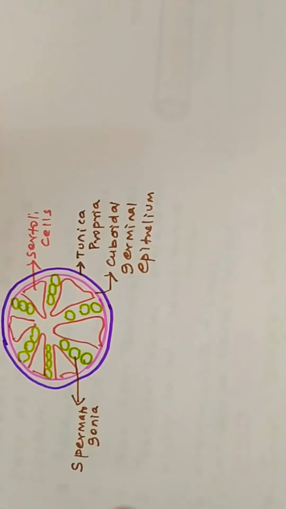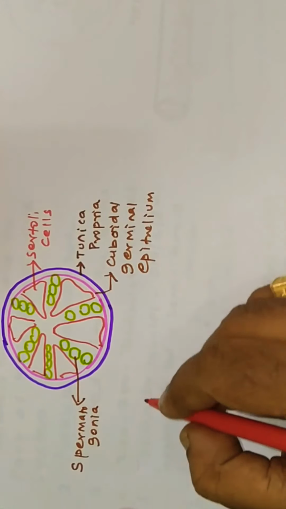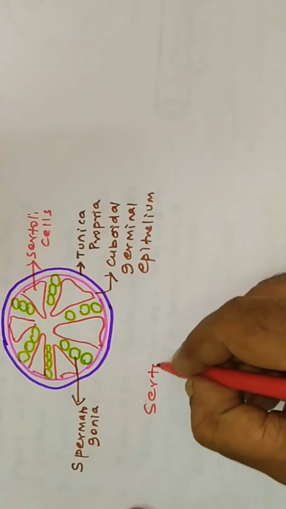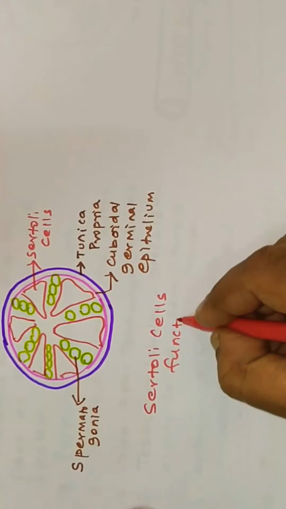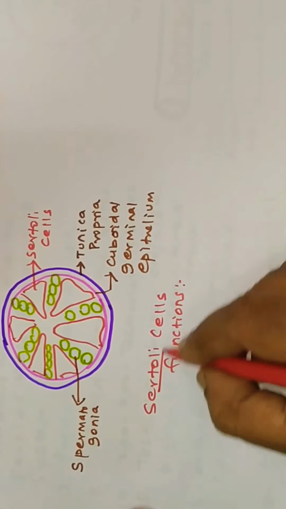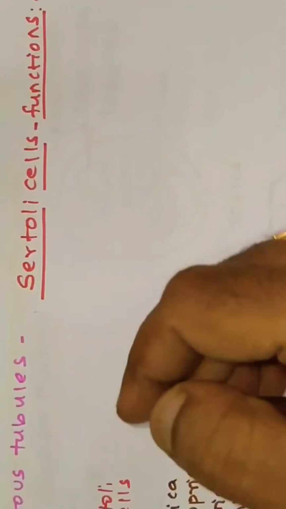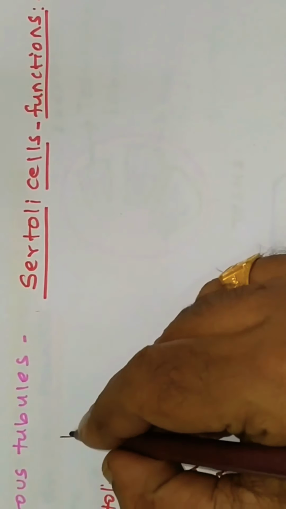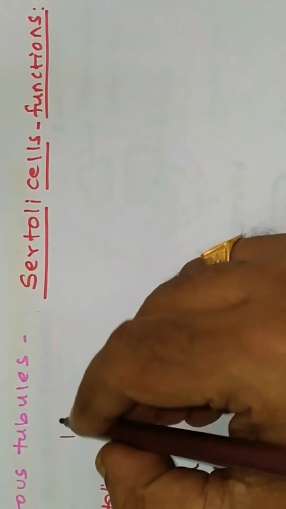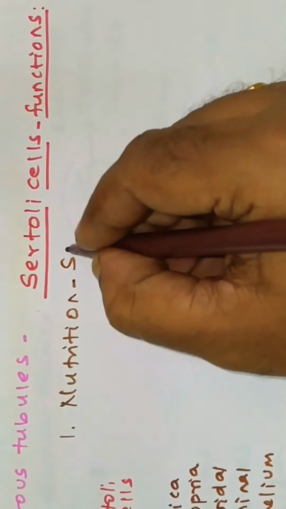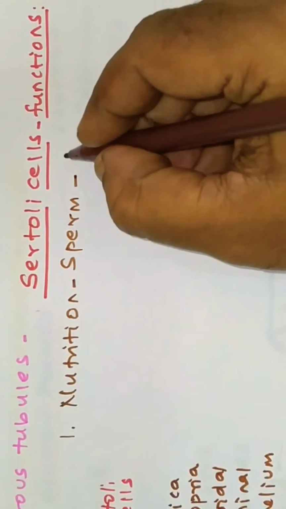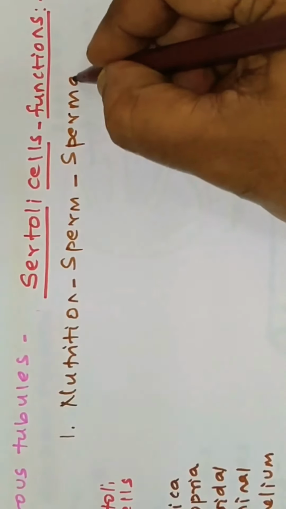Now let us discuss the function of Sertoli cells. The first main function of the Sertoli cells is that they provide nutrition to the spermatozoa, especially the spermatid.